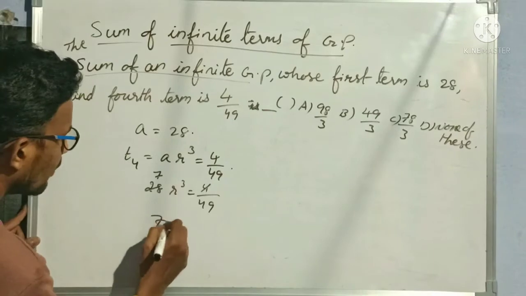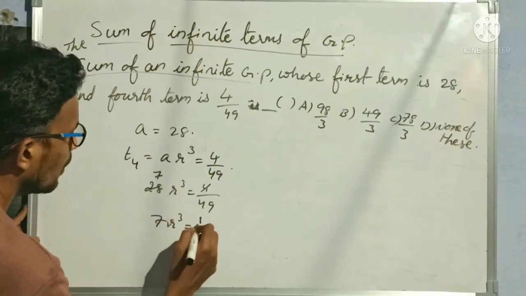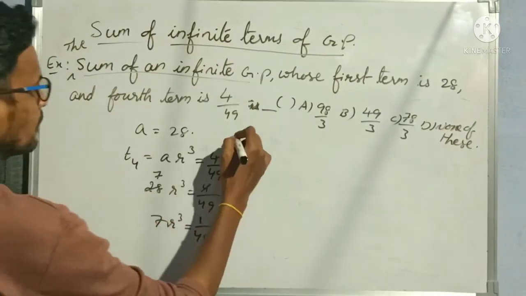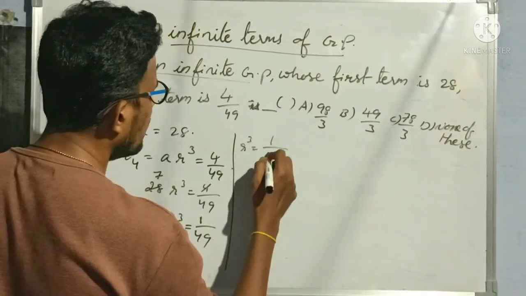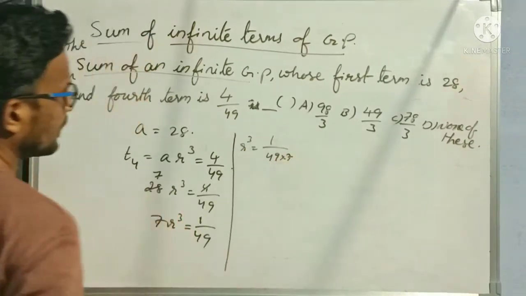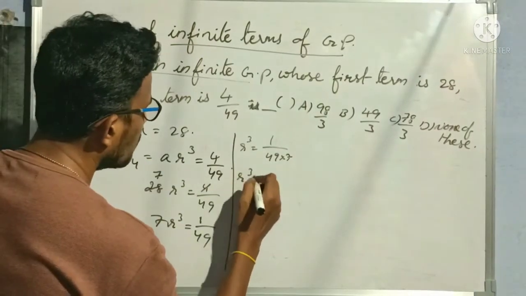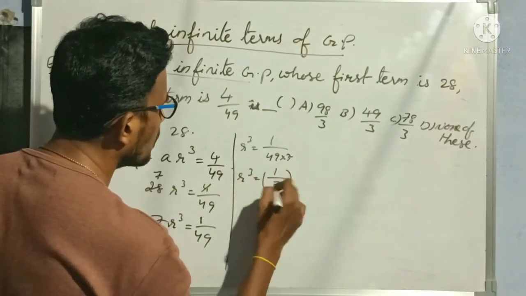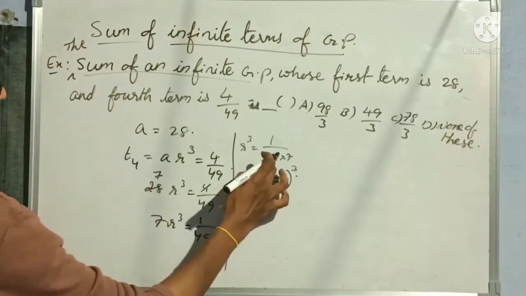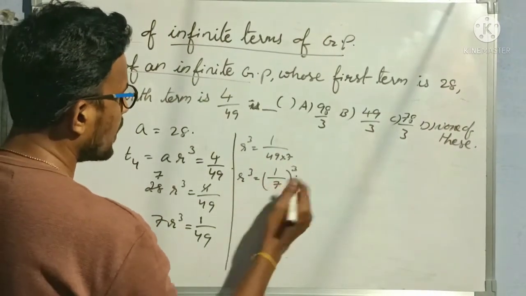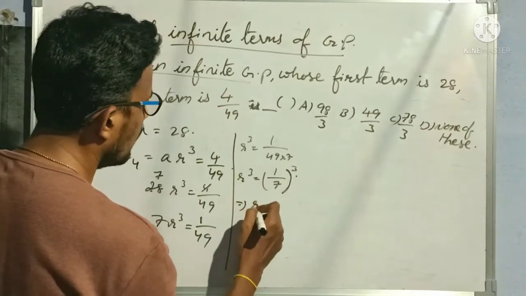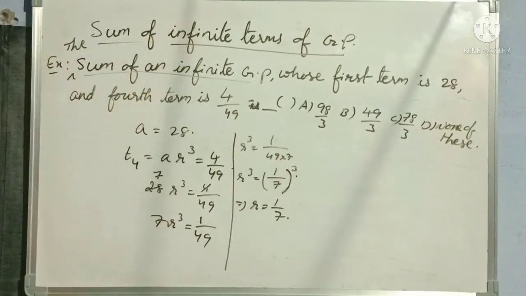So now 7R cube is equal to 1 by 49. So R cube is equal to 1 by 49 into 7. 49 can be written as 7 into 7, so I can write R cube is equal to 1 by 7 whole cube. This implies R is equal to 1 by 7.